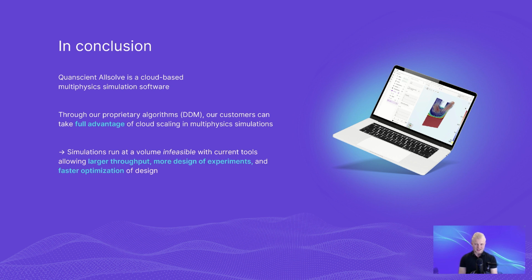In practice, that means they can run simulations at a volume that is infeasible with current tools, which allows for larger throughput, more design of experiments, and faster optimization of designs. This results in more reliable designs, decreasing time, money, and risk in high technology R&D.